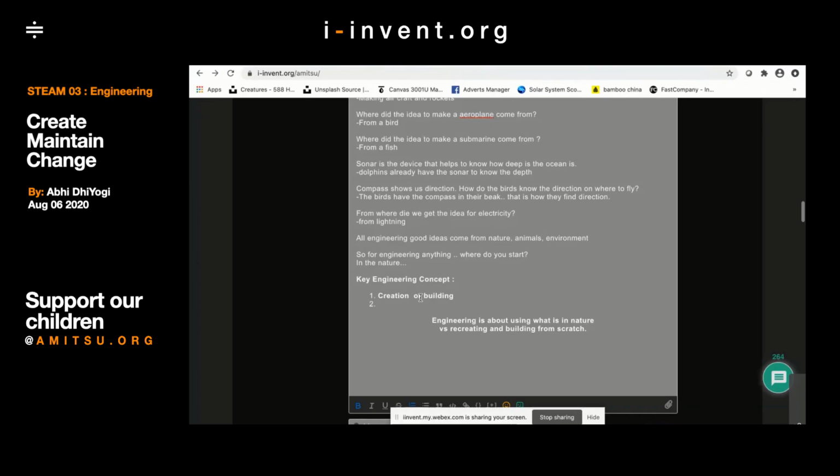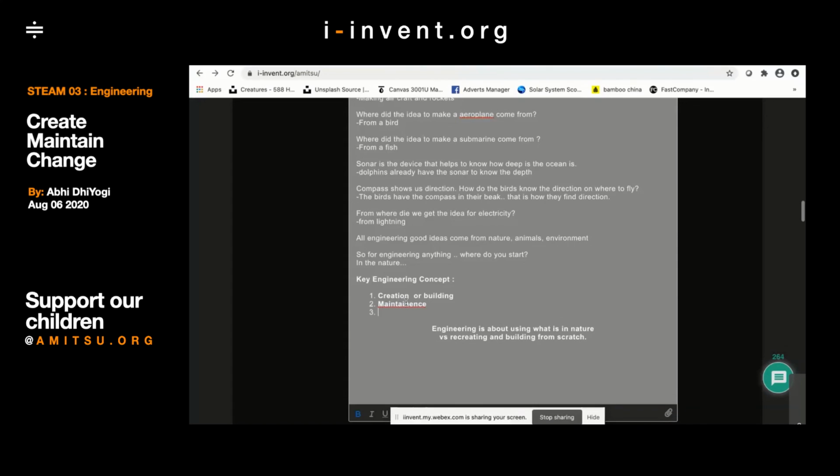After building, what do you need to do so it lasts during rainy season and all that? What do you think is the second step? So you're born, you have food, you have everything, you start growing. Then what are you doing? You're maintaining, correct? So maintenance is the second thing.